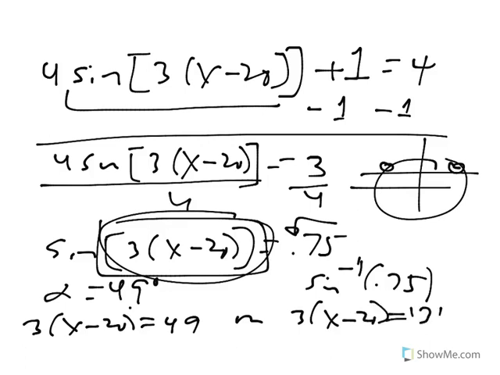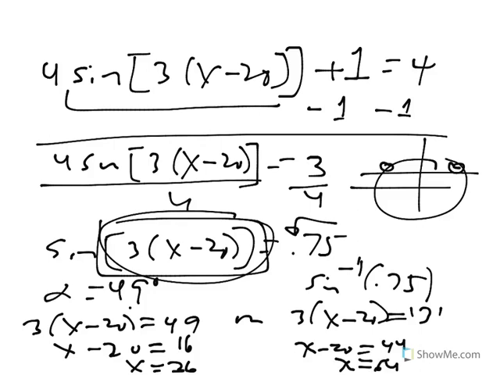Now we have to solve those by dividing by 3. X minus 20 is about 16, or x equals 36. And here we have x minus 20 is equal to about 44, or x is equal to about 64.